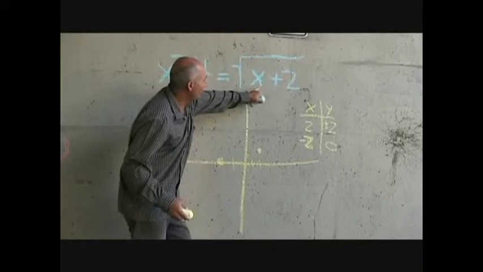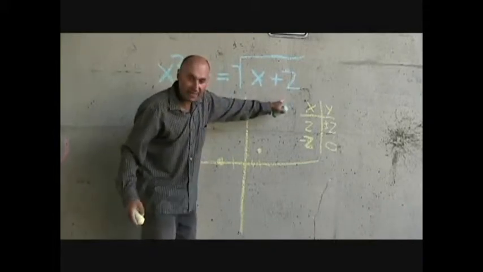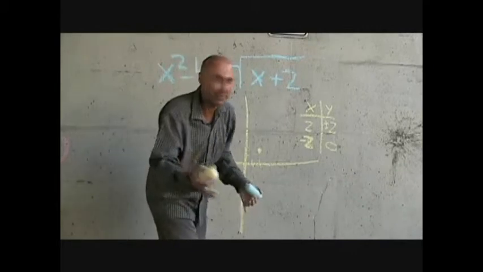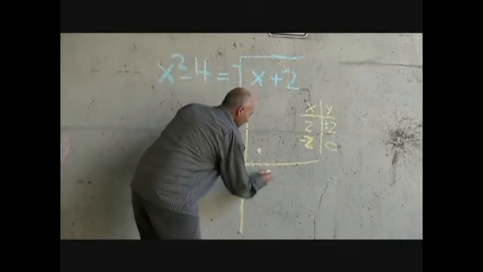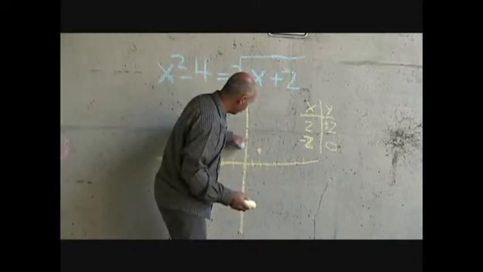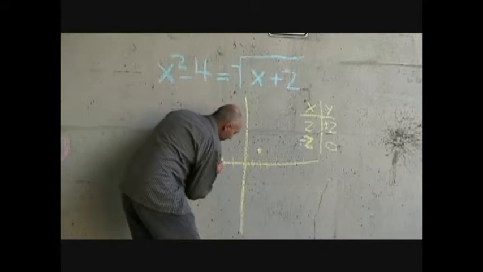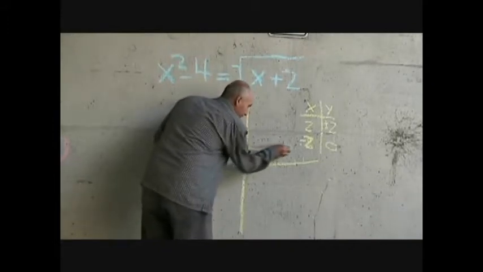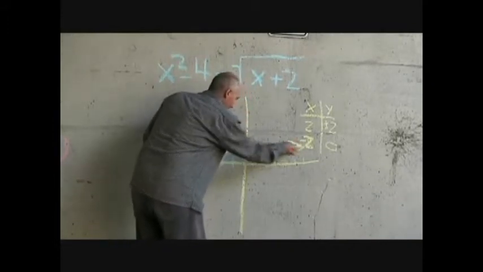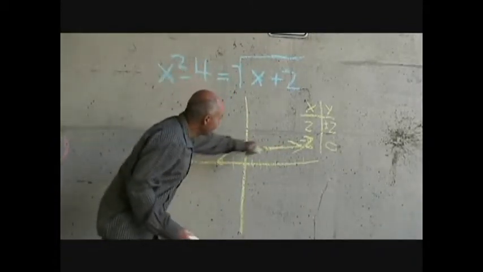If you put x equal to 7 here, 7 plus 2 is 9, and the square root of 9 is plus or minus 3, right? So if you go 1, 2, 3, 4, 5, 6, 7, it's just going to be 3, up here. So this function looks like this.